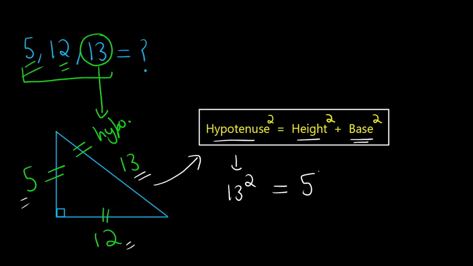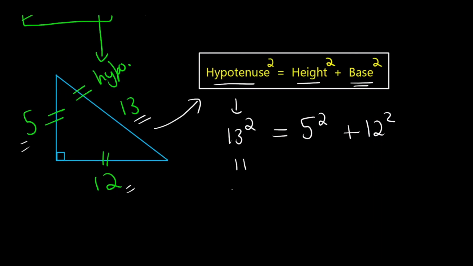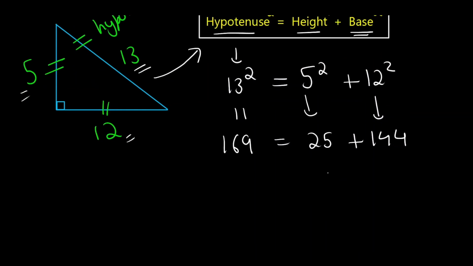So the square of 5 plus the square of 12. Now the square of 13 gives us 169. This should be equal to the square of 5, which gives us 25, plus the square of 12, which gives us 144. Now 25 plus 144 gives us 169.